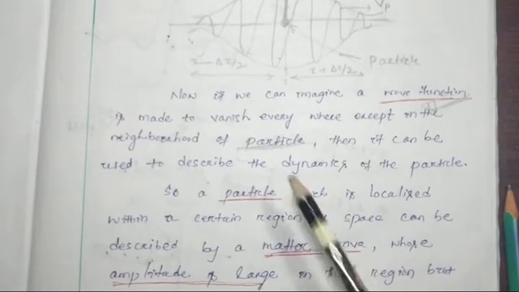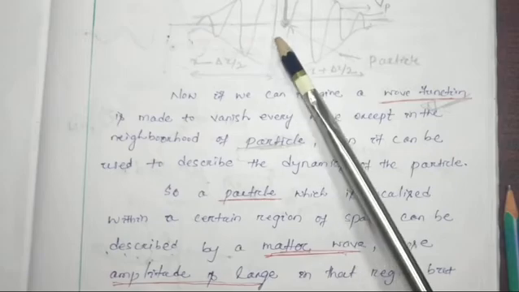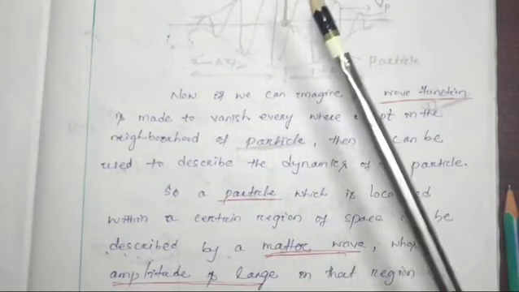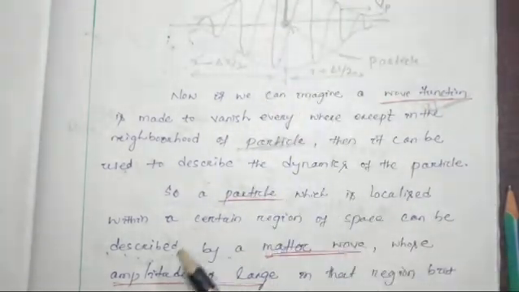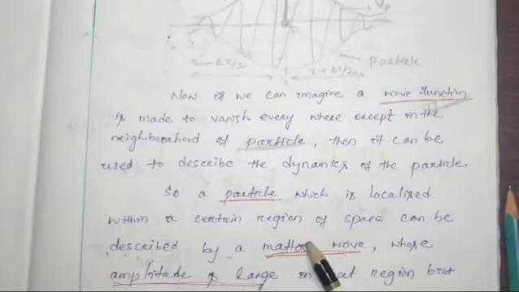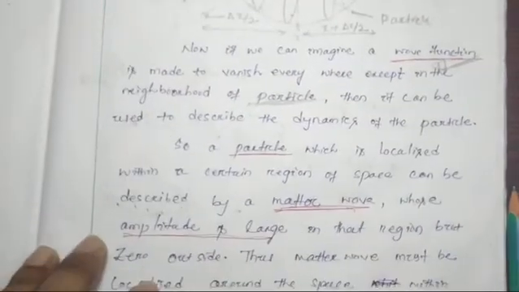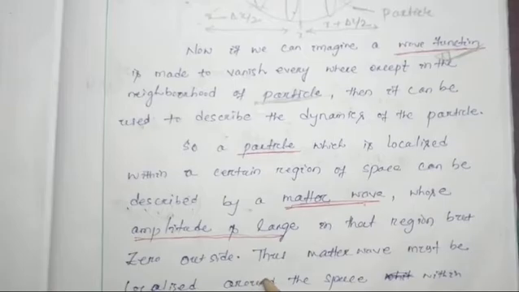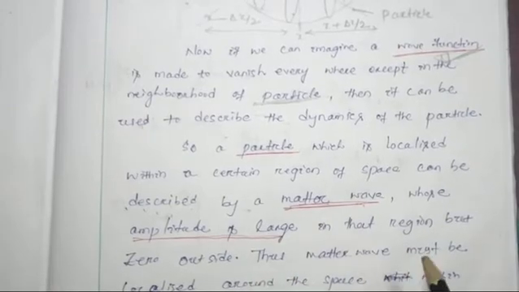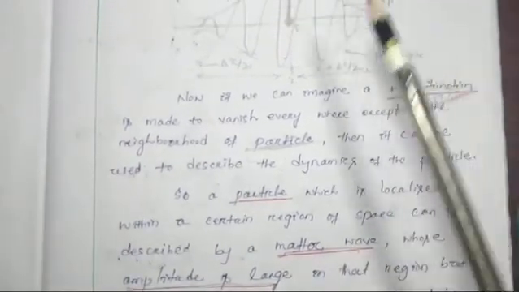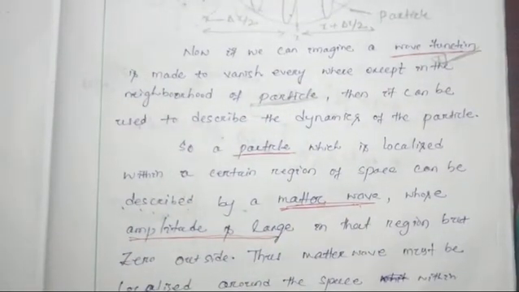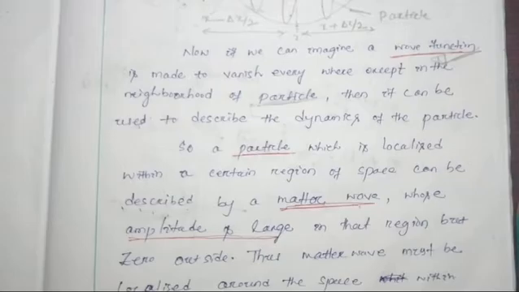So wherever the particle will be, at that point the amplitude of the matter wave will be larger in that region, but zero outside. Thus the matter wave must be localized in the space within which the particle is confined.